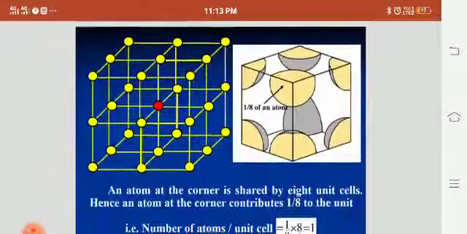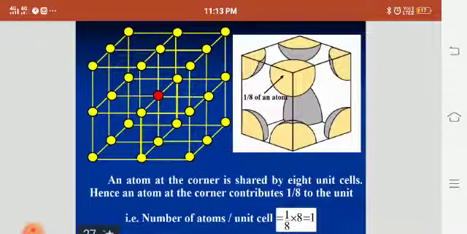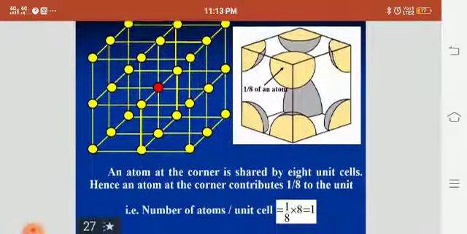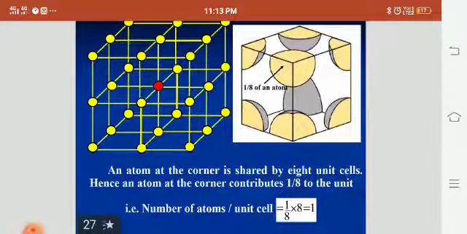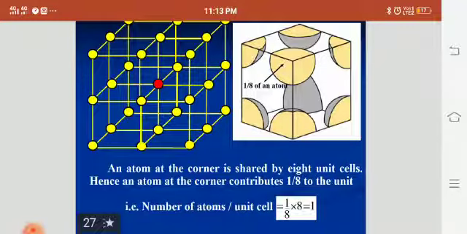Then we have the number of atoms per unit cell. In this case an atom at the corner is shared by 8 unit cells. So the atom at the corner contributes 1 by 8 to the unit cell. So the number of atoms per unit cell is equal to 1 by 8, that is the contribution, into 8 corner atoms.